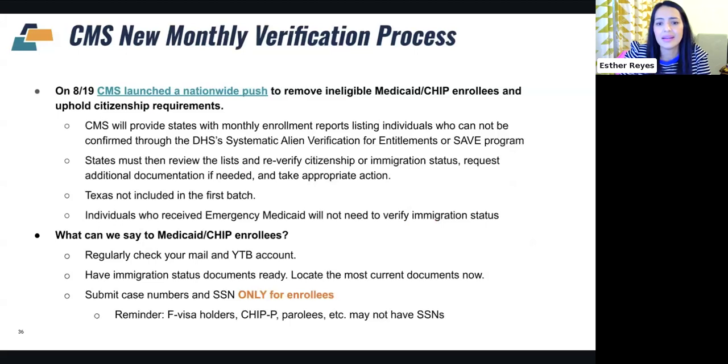And then finally here, in August, CMS announced a new oversight initiative promoting a narrative that ineligible immigrants are receiving Medicaid. So now CMS is running T-MSIS data that states report through the SAVE system, and is sending a monthly letter to states with a list of enrollees whose eligibility was not able to be verified by CMS due to their immigration status or U.S. citizenship status.